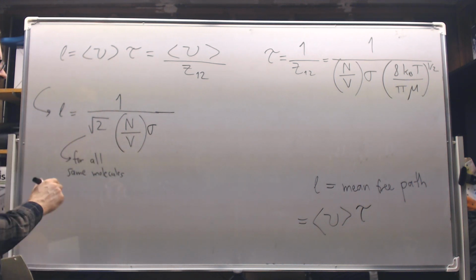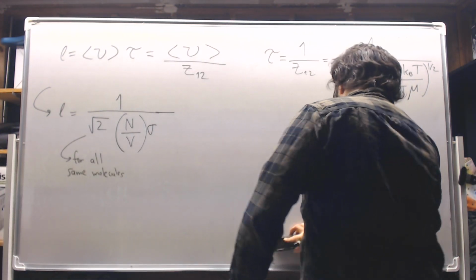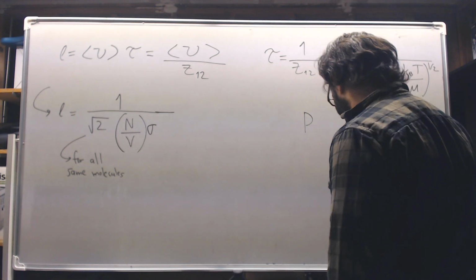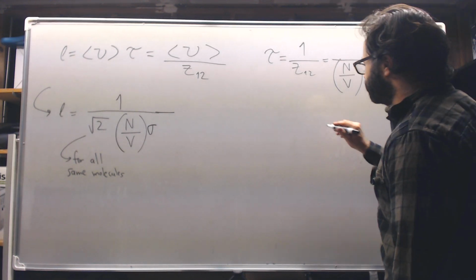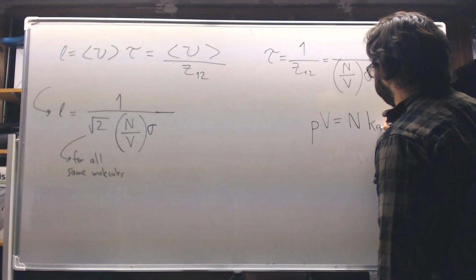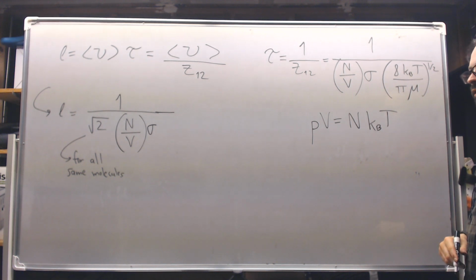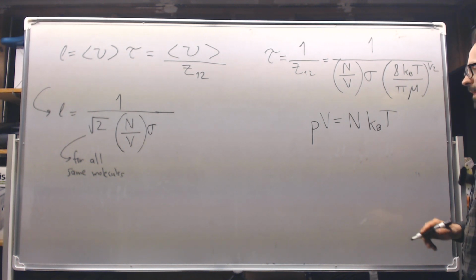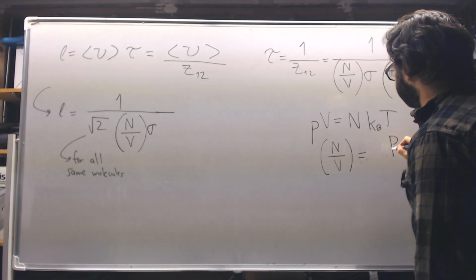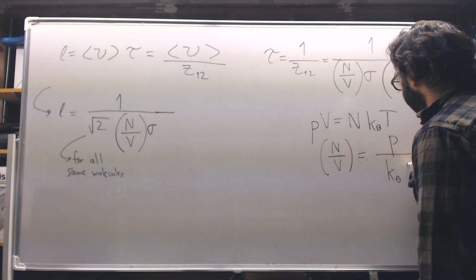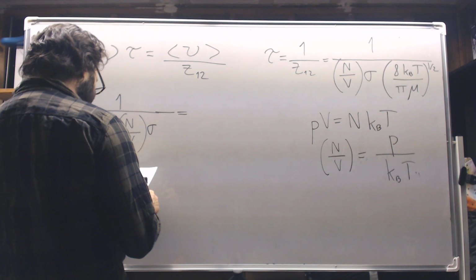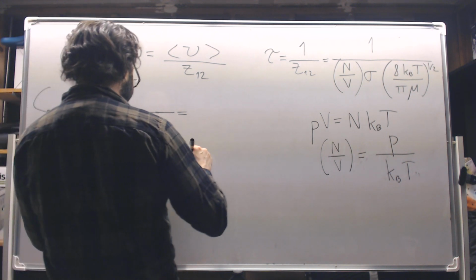The density of a gas, particularly if it's an ideal gas, can be related to the pressure and the temperature, right? We know that P, if this is the pressure, not the momentum, I apologize, PV equals number of particles times kBT. As we've seen in class, this is identical to PV equals nRT, or N over V equals P over kBT. And so N over V can be replaced.